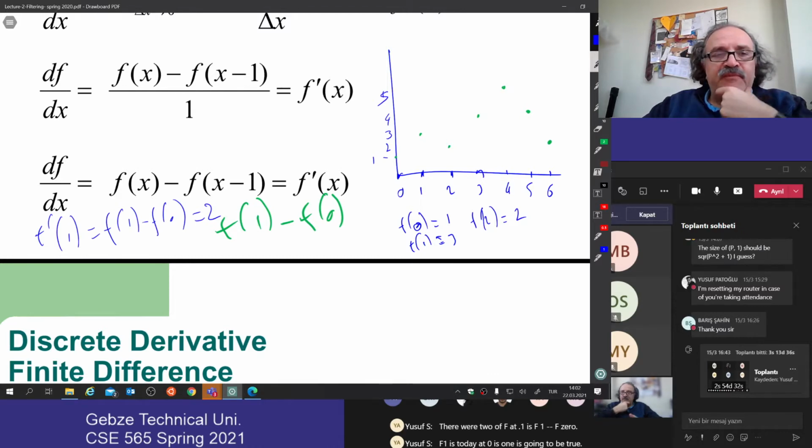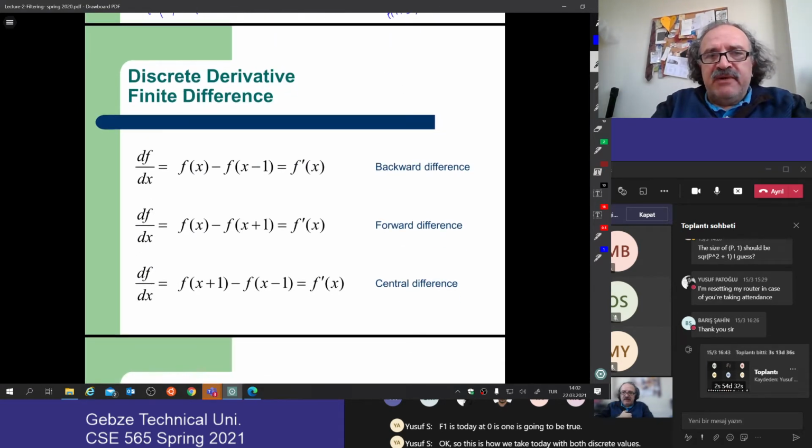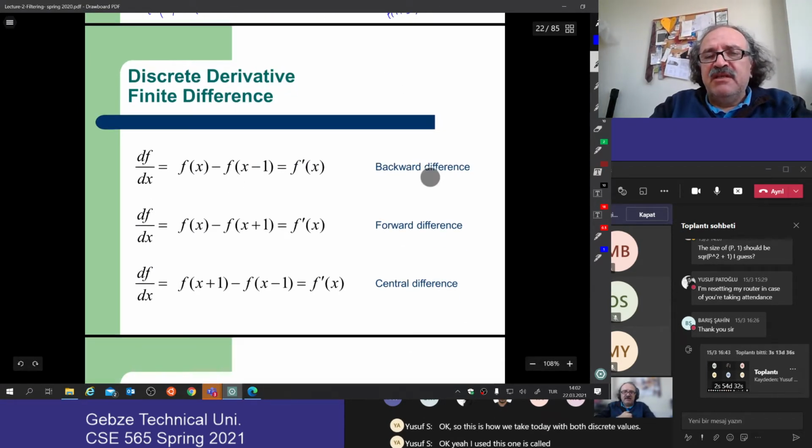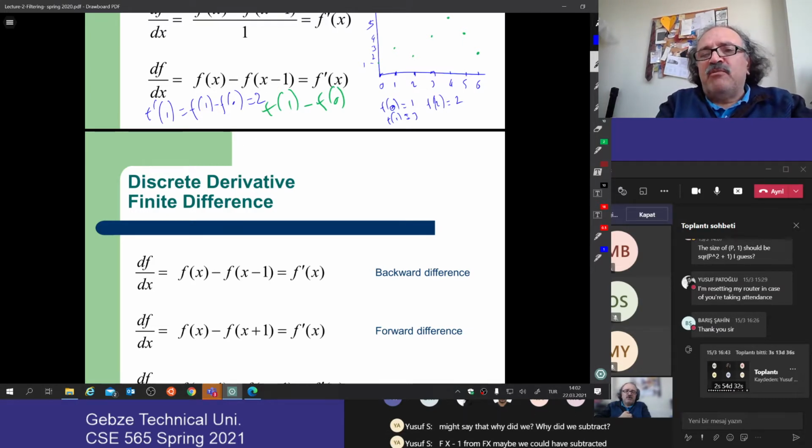Okay, so this is how we take the derivative of discrete values. I used this one, which is called backward difference. You might ask why we subtracted f(x minus 1) from f(x). Maybe we could have subtracted f(x) from f(x plus 1).